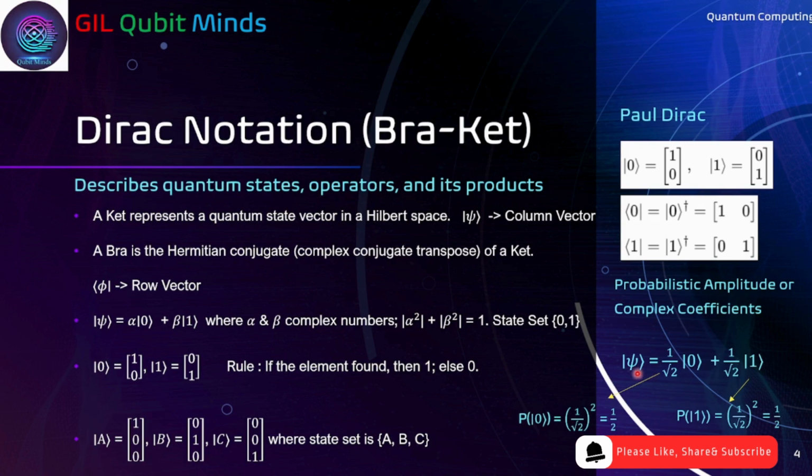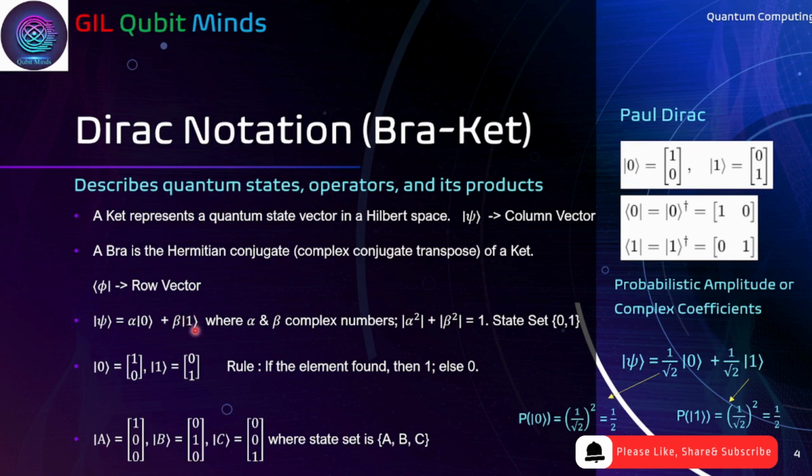Okay, now here we can see, if alpha equals 1 by root 2 and beta equals 1 by root 2, what will happen? If you want the probability of getting 0 Ket as the output when we measure or observe it, the probability is alpha square.